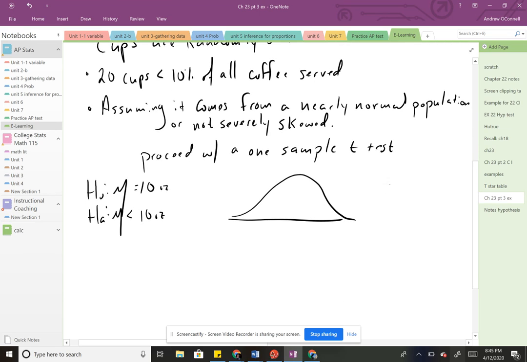All right, so we have our t curve. Remember, degrees of freedom is n minus 1. Since it's one sample, 20 minus 1, I want 19 degrees of freedom. Let's get our t. So remember that's x bar minus mu over the standard deviation over square root of n.